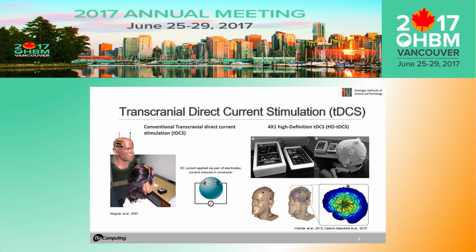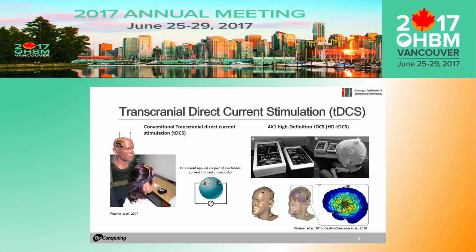tDCS is a form of neurostimulation that uses a low direct current delivered to the brain area of interest. When electrodes are placed over the region of interest, the current induces intracerebral current flow that can increase or decrease neural excitability.